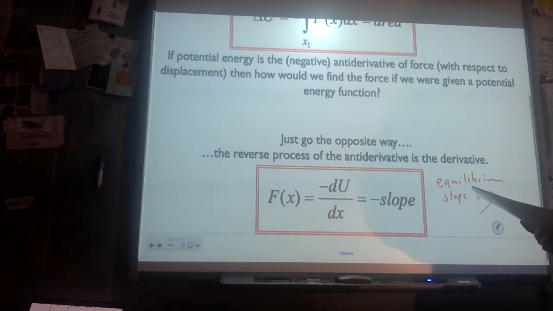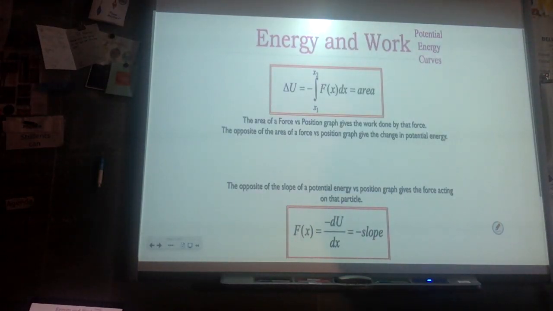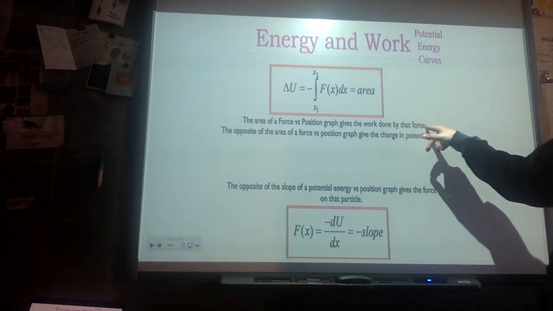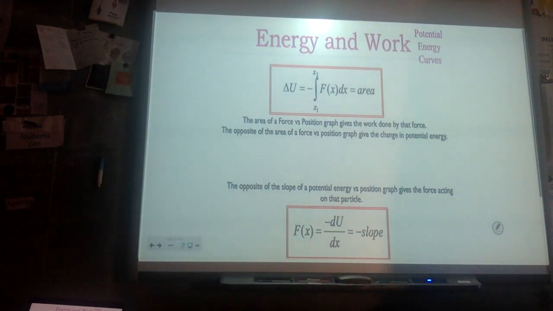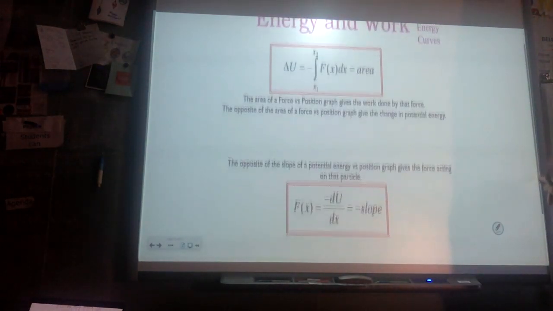And the first ones they show you make sense. This is not on the equation sheet, so you're just going to have to know that you have this negative relationship. The area of this is going to get us the work done by that force. If I take the negative of the area, it's going to give me the change in potential energy.